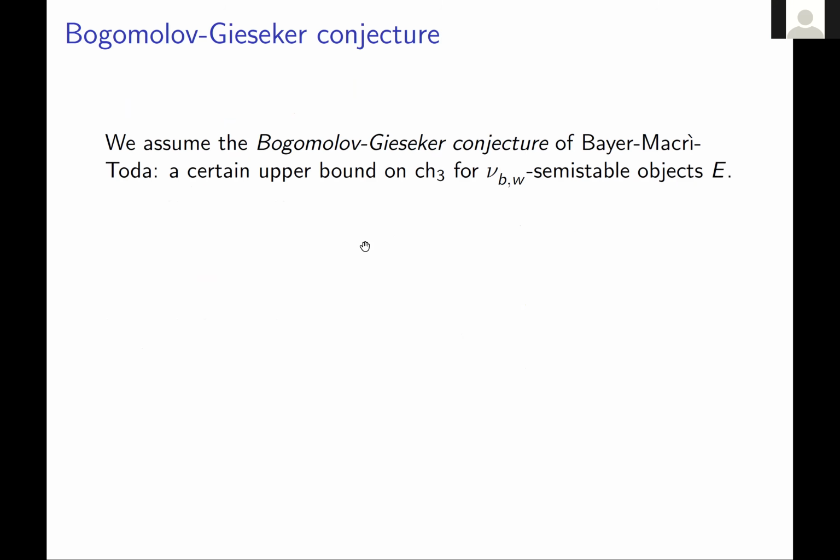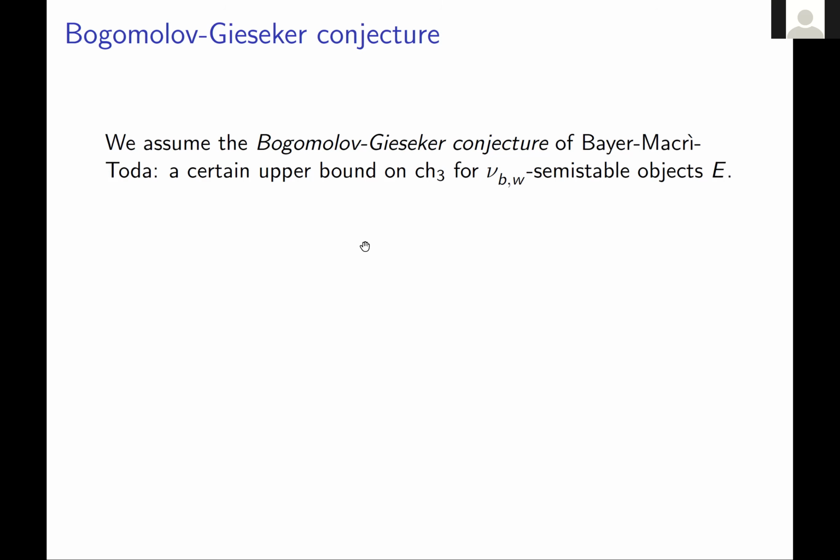It's only for this Macri-Toda subset of stability conditions. Yeah, that's correct. I mean, almost certainly you can do what we're doing in some space of Bridgeland stability conditions as well. But the induction would be harder. You'll see the induction later. But yeah, certainly our results don't cover that. Yeah, that's completely correct.